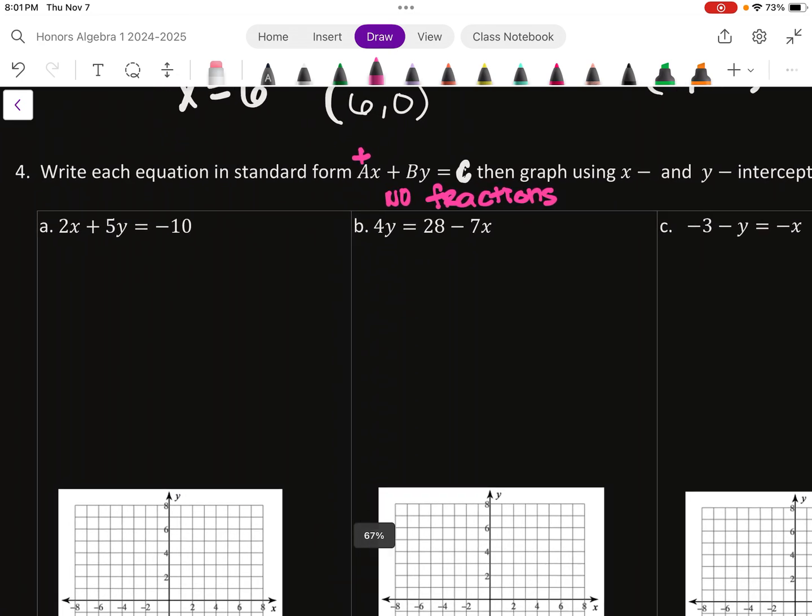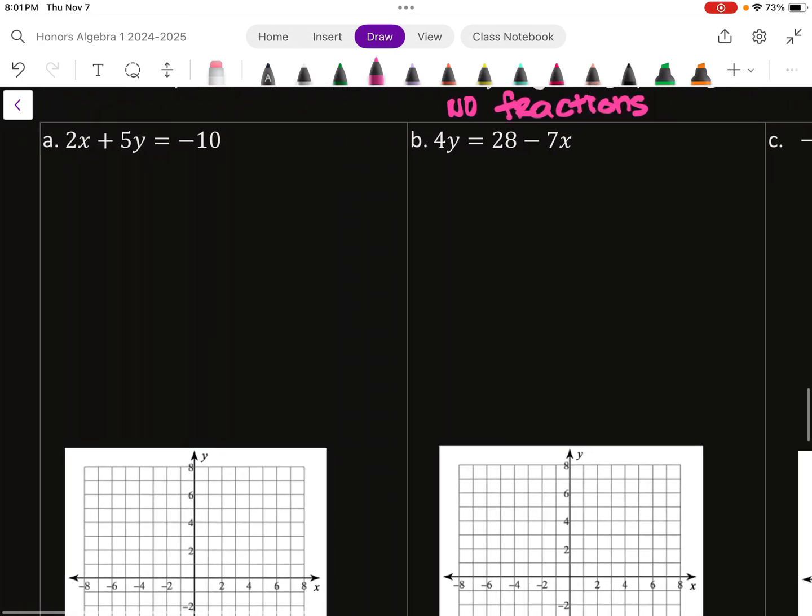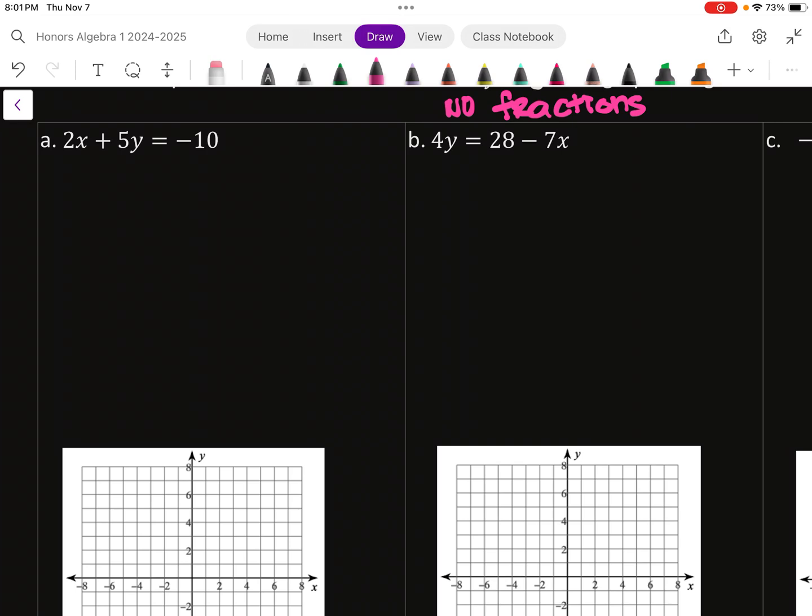So this one is really nice and easy. It's already in a nice standard form, Ax plus By equals C. So to find these intercepts, I'm going to plug in 0 for x to find the y-intercept and plug in 0 for y to find the x-intercept. If I was in front of you, I would use something called the cover-up method.